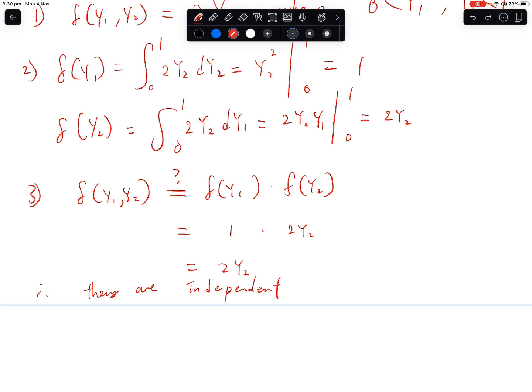Lastly, we confirmed that Y1 and Y2 are independent because their joint density function is equal to the product of their marginal densities. The problem highlights the importance of transformation and independence in statistical analysis. Understanding these concepts can help us analyze data distributions and relations between variables more efficiently.